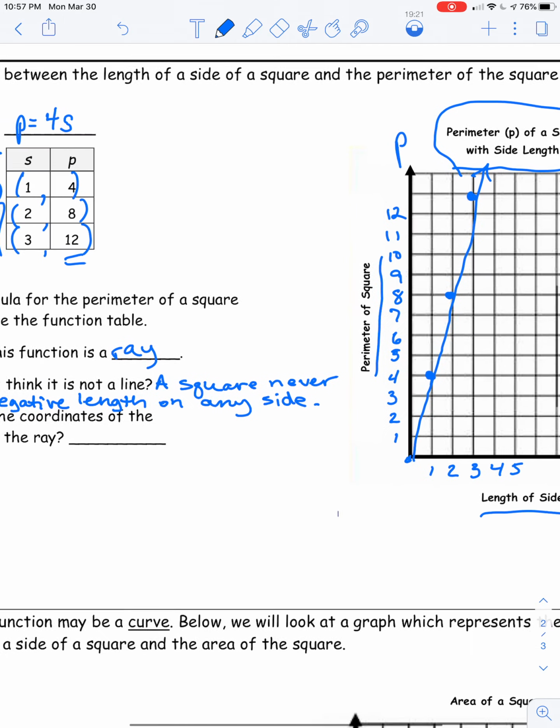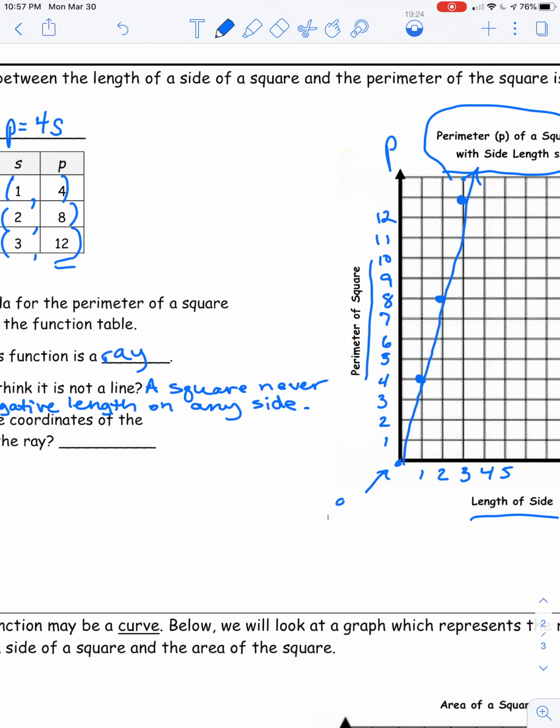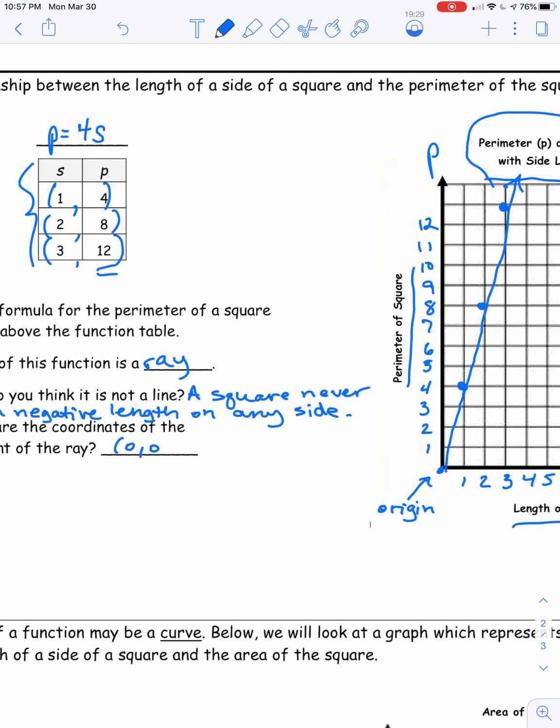And what are the coordinates of the endpoint of the ray? I asked you that just a moment ago. I wanted you to think about that. It's at the point of origin, and we say that's at 0, 0.